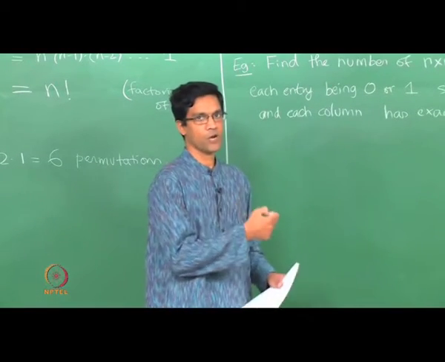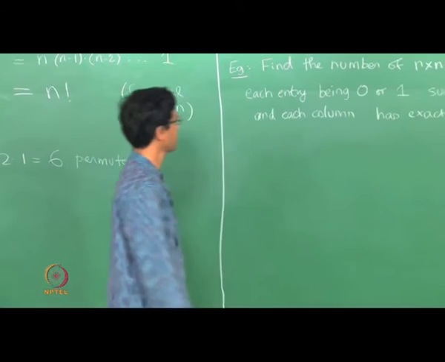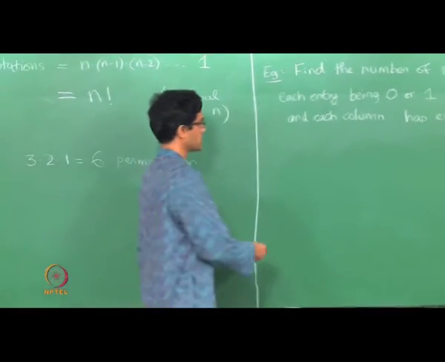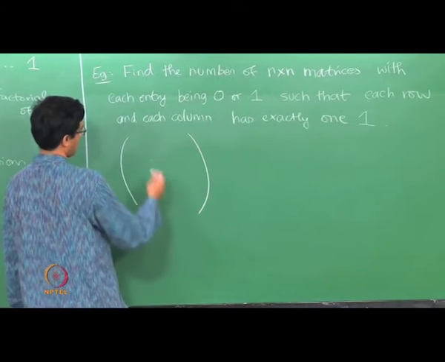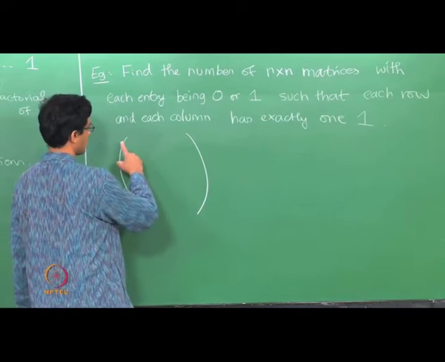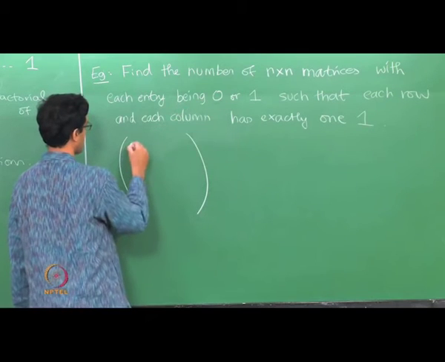Okay, every row has a single 1 and every column has a single 1, and a matrix of course is just an array of numbers or of entries. It has n rows and n columns, that is what the n cross n means.